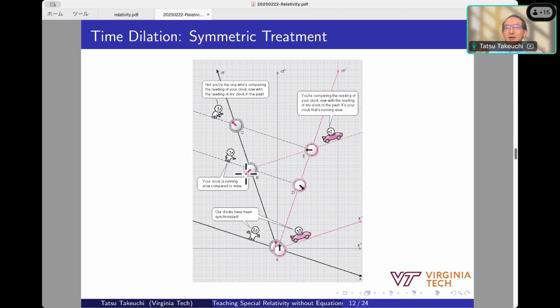So each observer will think that the other clock is running slow, but there's nothing wrong about this, because their concept of "at the same time" is different, and they'll be comparing the readings of clocks at different times, so to speak.